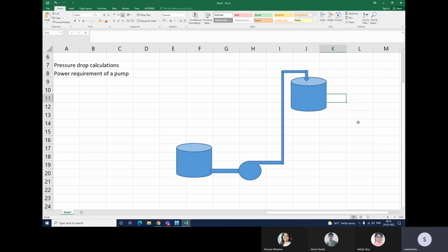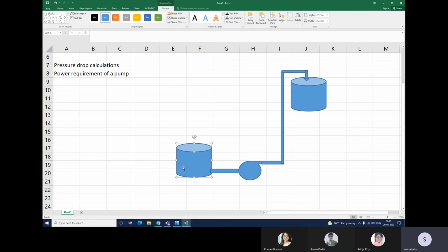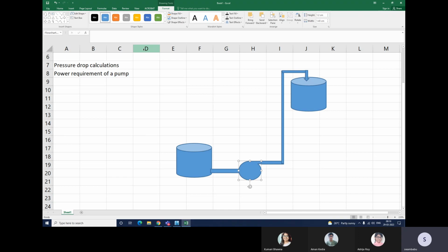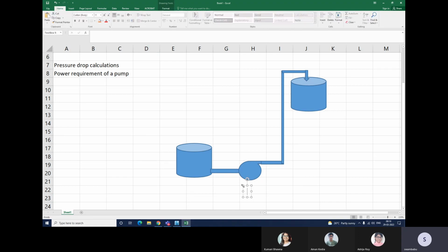What are all the possibilities present in industries that we want to see and simulate? So this is one storage tank or process vessel, and this is another process vessel, and the fluids are being transported from this vessel to this vessel using the pump and pipe network. In this case, how much energy, what pump capacity is required?